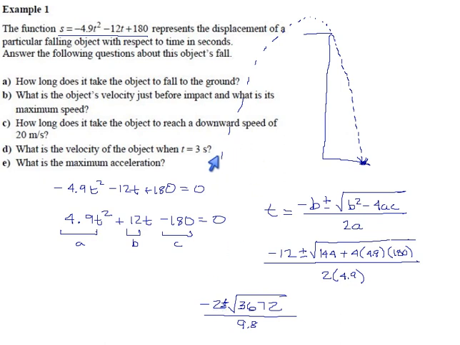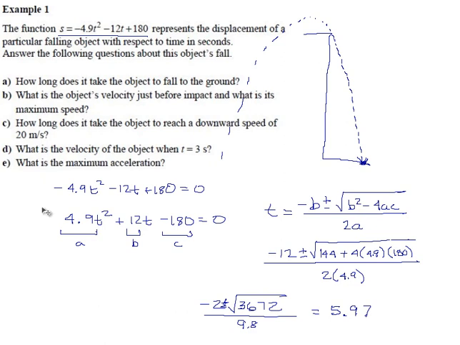It would be back here someplace, and it doesn't interest me. The interesting one is the positive one, which would be minus 12 plus the square root of 3672, divided by 9.8, and I get 5.97. So just under 6 seconds this object takes to hit the ground.